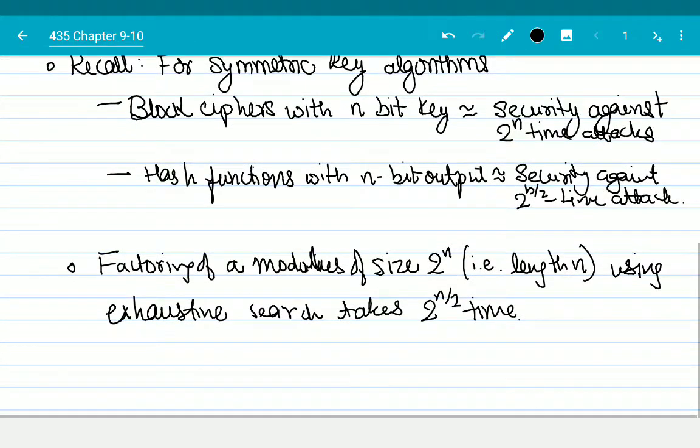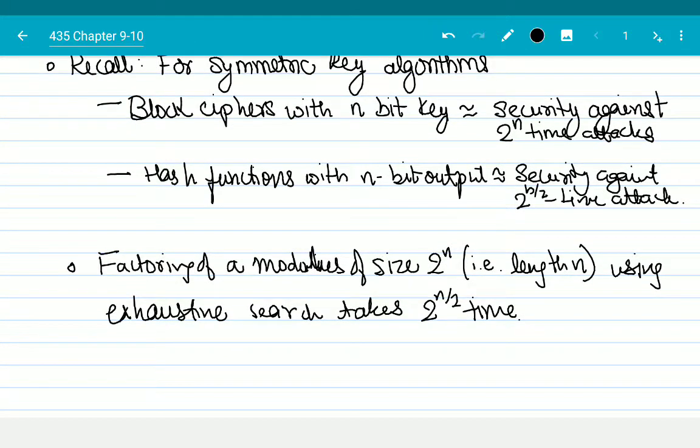Before the square root, you'll hit at least one factor, and so that is the square root time.